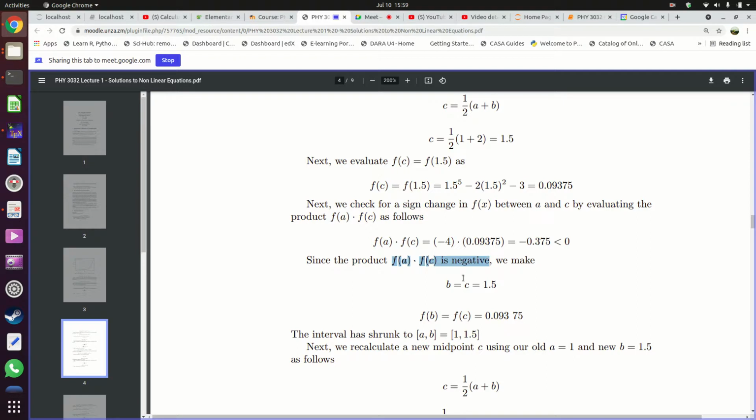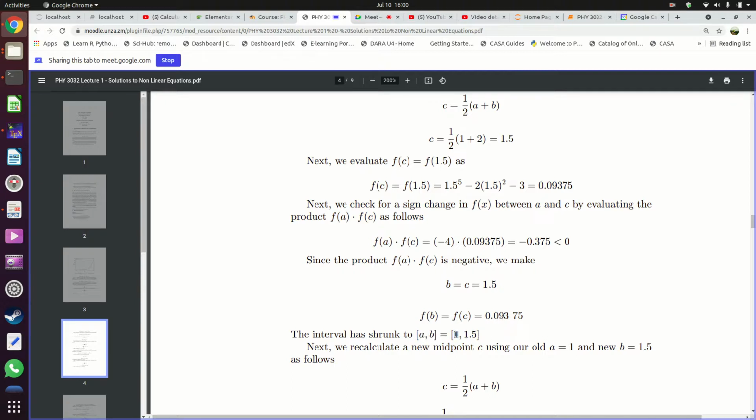Therefore, we make C become B, and B is going to become 1.5, and f(C) is going to become f(B), which is equal to 0.09375. So our new bracket, AB, is now going to become 1 and 1.5.